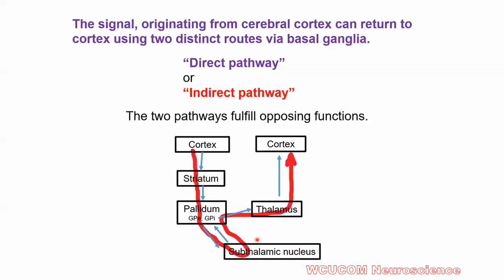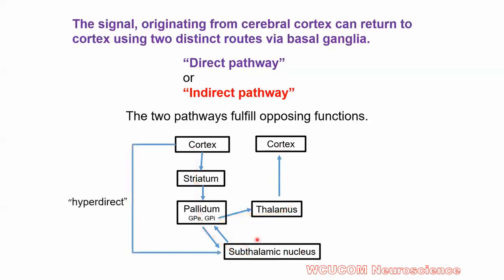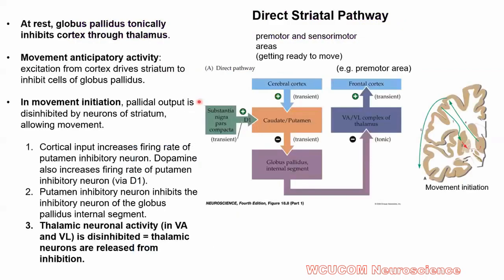Now, in addition to that, there's also a so-called hyperdirect pathway going from cortex directly to subthalamic nucleus. This is thought to work synergistically with the indirect pathway.